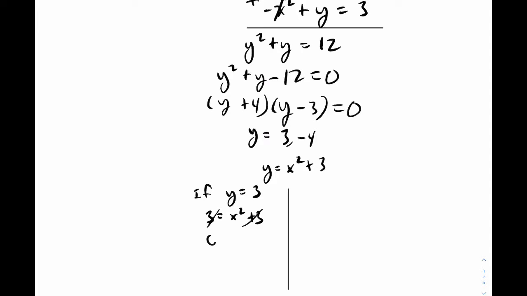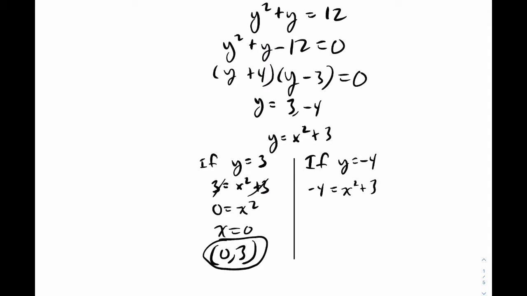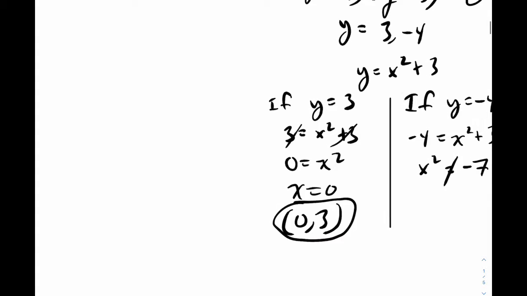So cross those out, 0 equals x squared, so x must be 0. So that works out to the point 0, 3. There's one answer. And then if y equals negative 4, you get negative 4 equals x squared plus 3. So x squared should equal negative 7, but that's impossible. So that one has no solution. So here's our only solution.